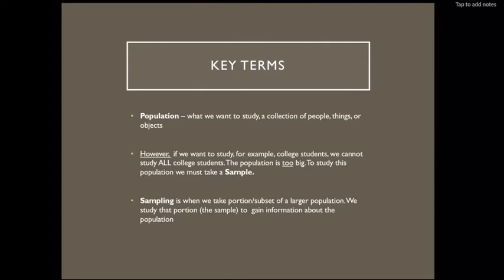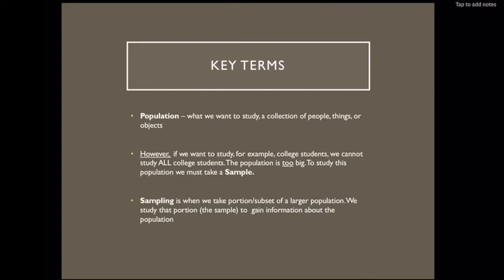The population is whatever we want to study. However, that can be problematic, right? Think about the United States Census. There are over 3 million? No. There's over 300 million people in the United States. That's a ton of people. A ton of people to go talk to and survey individually, right?